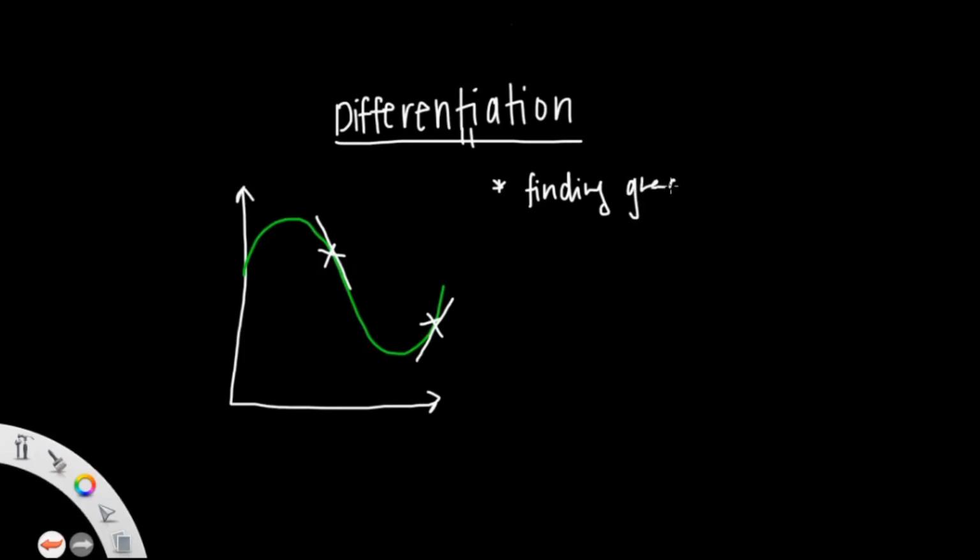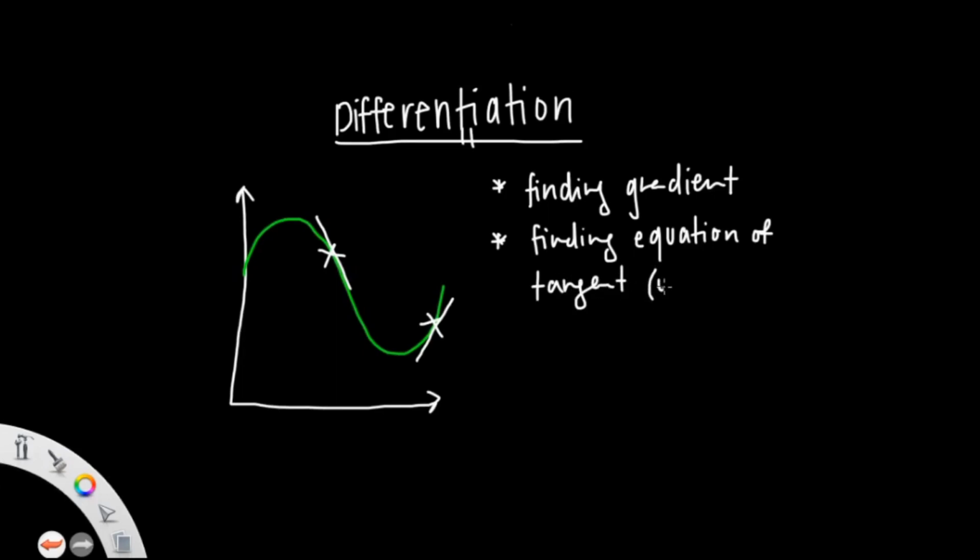Differentiation helps you to find the gradient of a curve at a certain point. Differentiation also helps you to find the equation of a tangent, in the form y equals mx plus c.